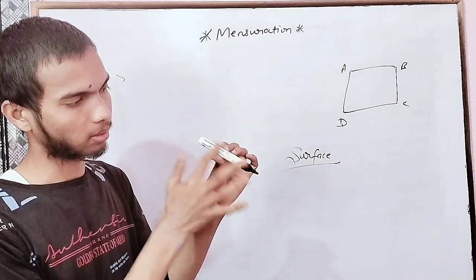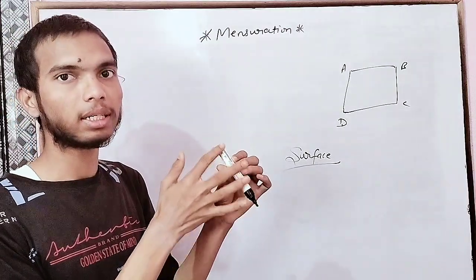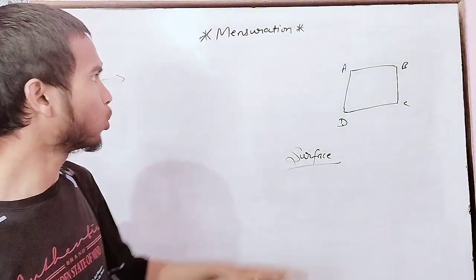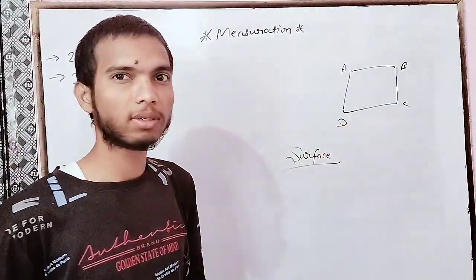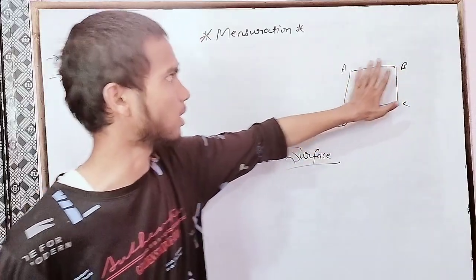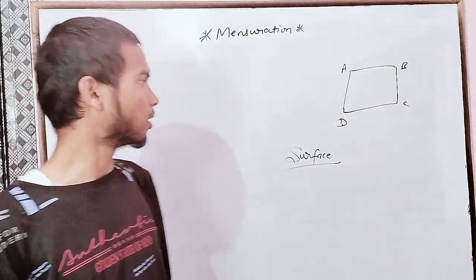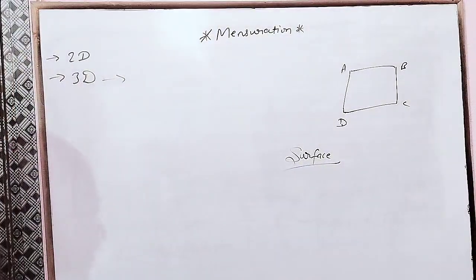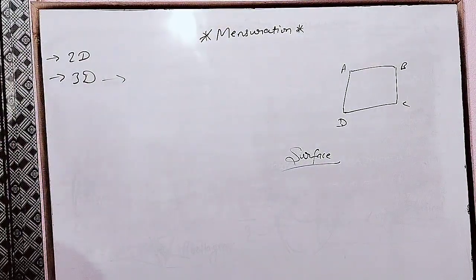So the surface of this rectangle is this area. When surface comes, we will try to understand it in detail. Before that, let's move to the next.